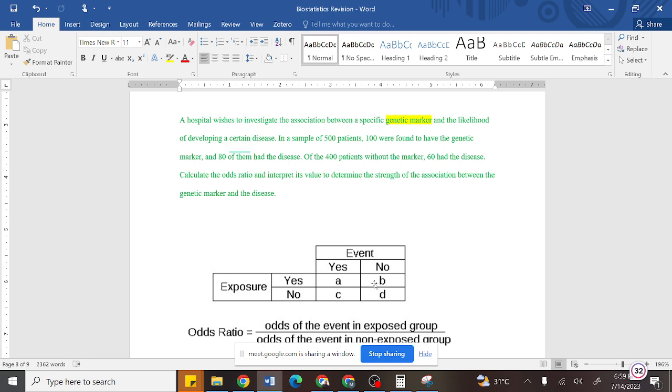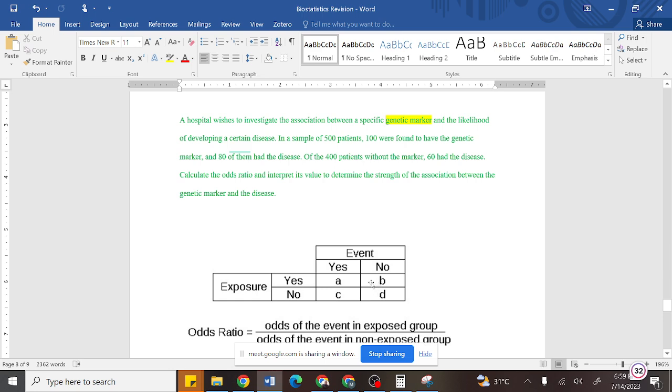Someone is saying 20. Let me repeat the statement. They have the genetic exposure, but they don't have the disease. 80 had the disease, but it is 20 who had the genetic marker without the disease. Yes, it is 20.